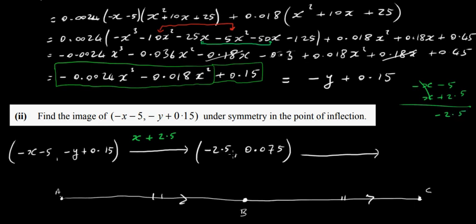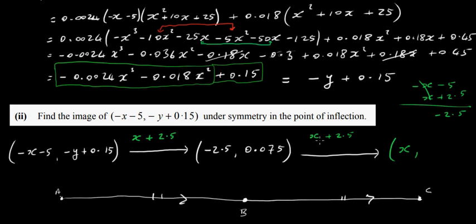So if I continue that on now, if I do the same to this here, because remember we're looking at the same distance in this direction, I'm going to take x plus 2.5 here. So if I take my x here, minus 2.5, add an x, what will I get here? Well, I'll get an x. If I take minus 2.5 and add 2.5, I'll get 0. So my answer here would just be x.